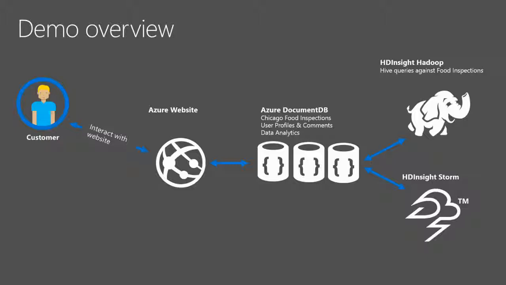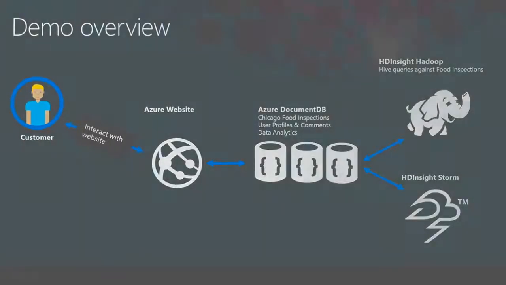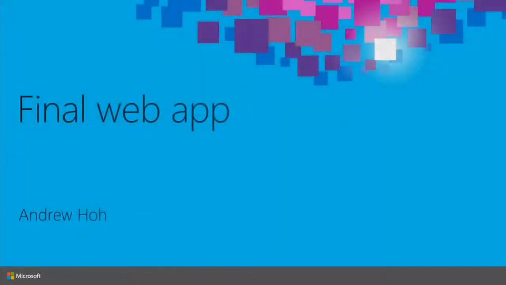DocumentDB stores Chicago food inspections, user profiles, comments, data analytics, and this also includes the data that's incoming from HDInsight's Storm. And then it also talks on the other end to HDInsight Hadoop for the great heat map as well as the data explorer we saw before. So let's go into this demo.